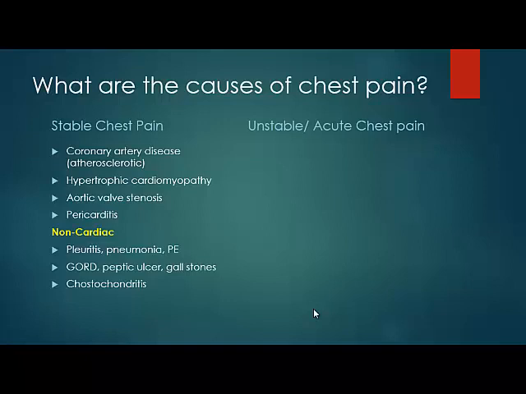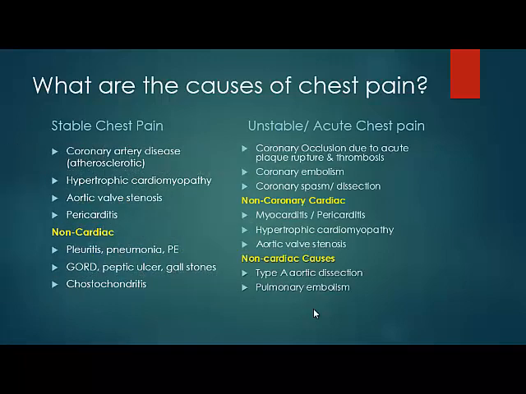Pulmonary embolism. Pneumothorax, okay. So the commonest cause by far is acute occlusion of the coronary artery, then coronary embolism, spasm or dissection of the coronary artery, which can also cause acute chest pain.